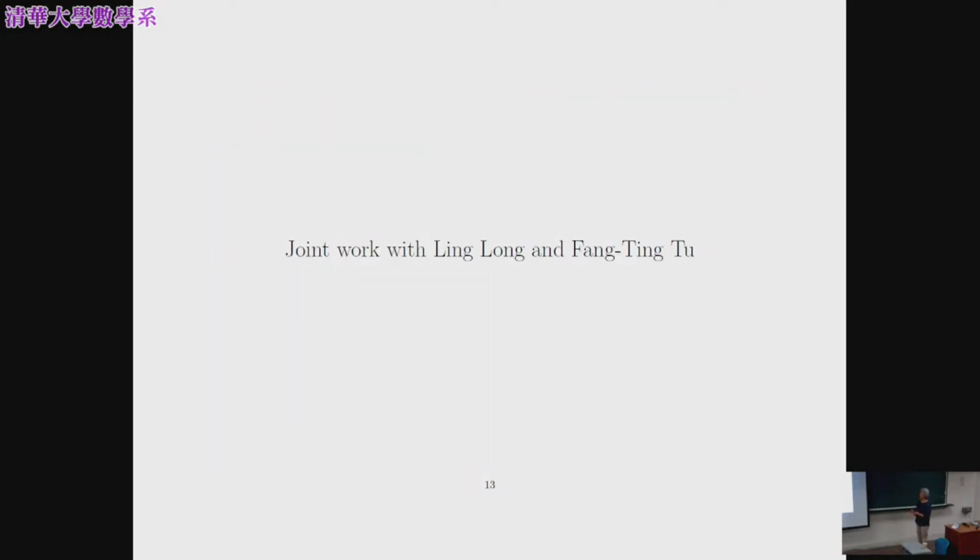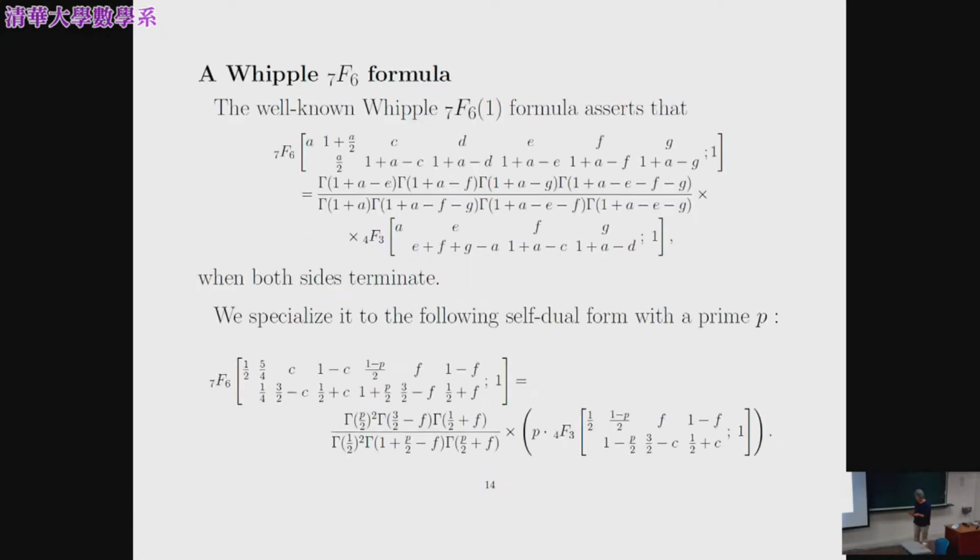Okay. So then what I'm going to do now is the joint work with Ling Long and Fang-Ting Tu. What we did is that, as I pointed out, hypergeometric functions satisfy lots of identities. There are thousands of identities they satisfy. So what we do is pick a very special identity. It's called the Whipple identity. And that formula relates 7F6 to 4F3.